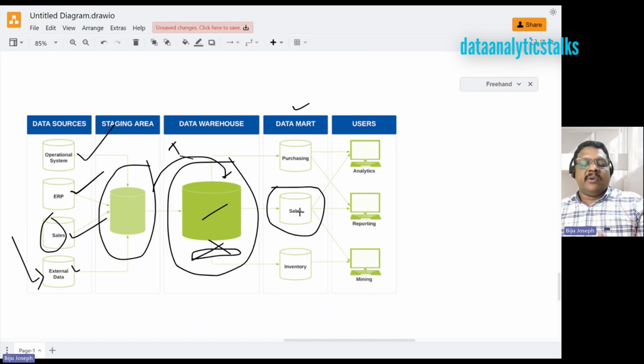Sales doesn't need anything about the HR information. So some areas they don't need. Managing that internally, they would have to do additional analysis, which is additional modeling, which is not possible with this data warehouse. So in that case, only then do data marts come into play.